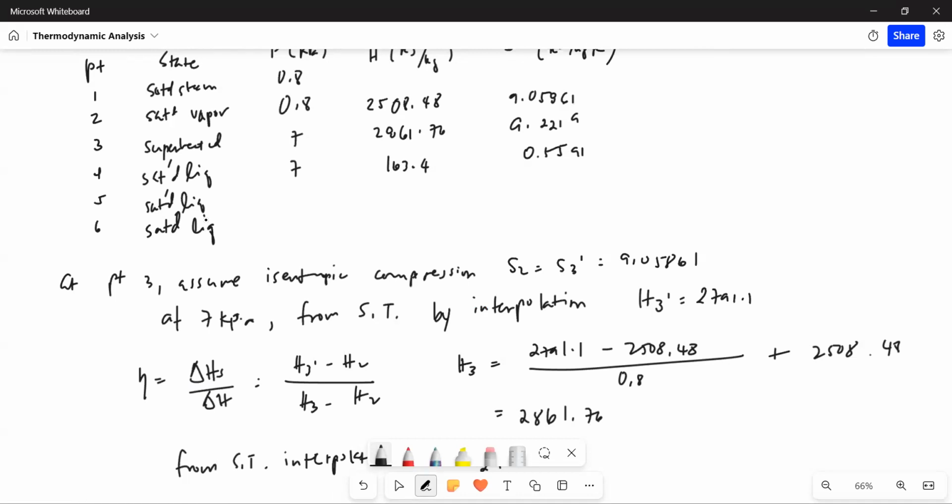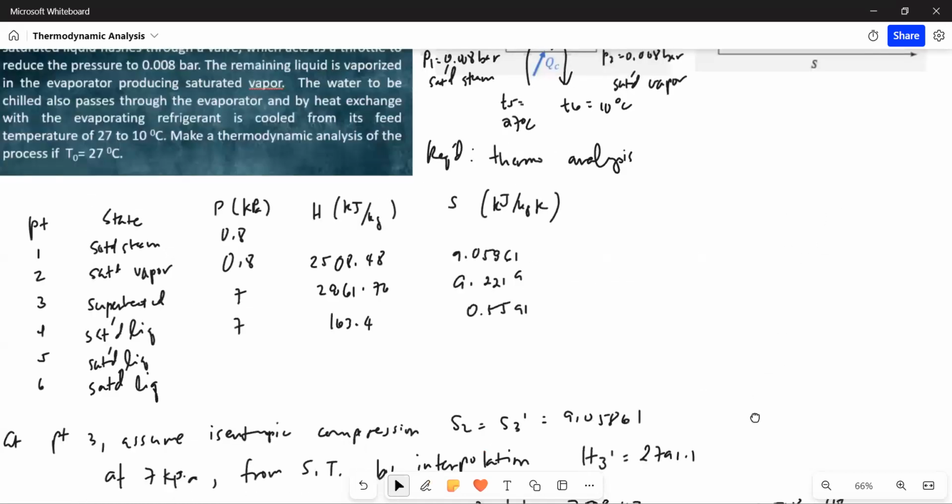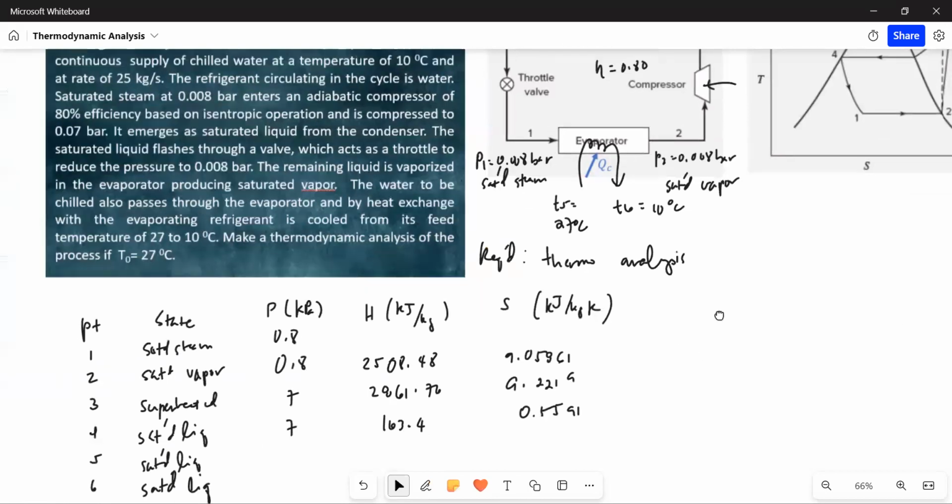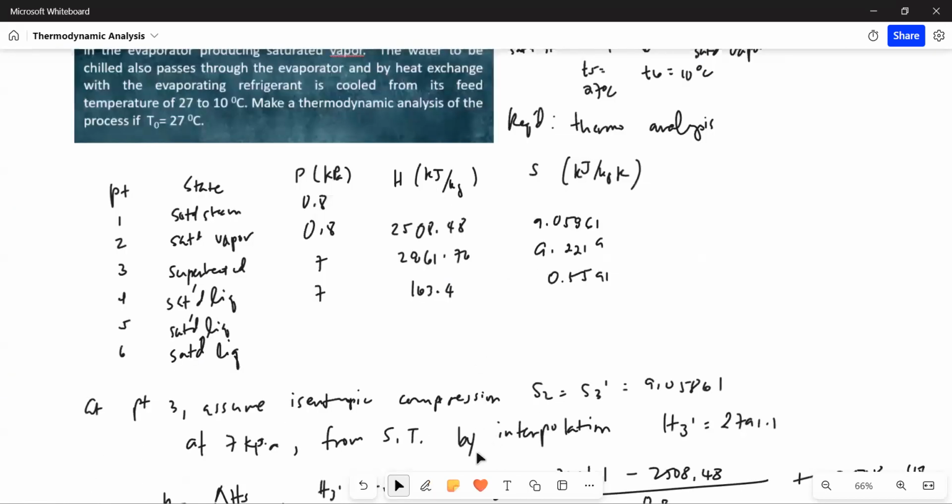So it's easier to assume this. And the pressure, we don't know the pressure, but we know the temperature. So let's write the temperature instead of the pressure.